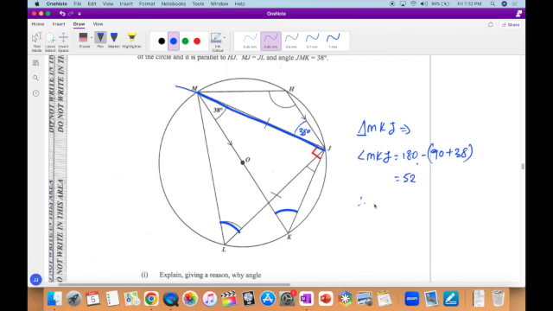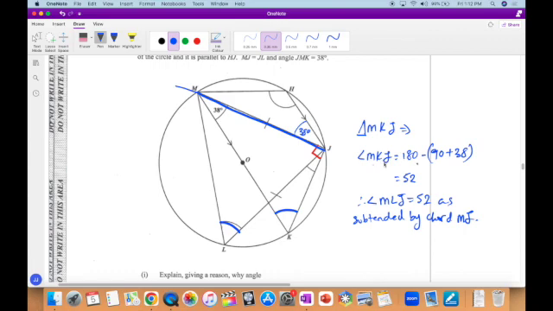And therefore, angle MLG equals 52 as subtended by the chord MG.